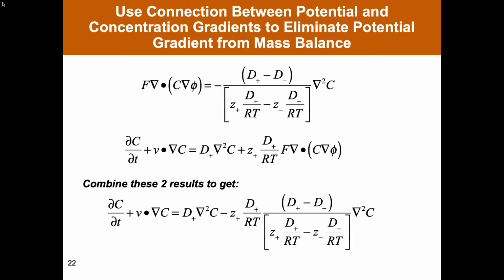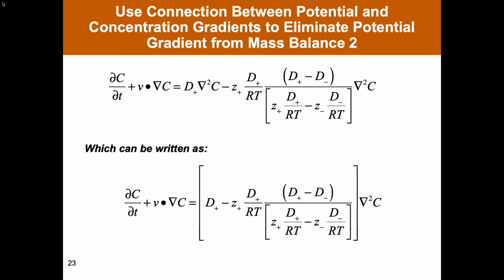And the result at the bottom of the page, for the cation mass balance, has the concentration of salt at every position where there is a derivative. And so now, even though there is an electric field in this system that keeps the ions together through electroneutrality, we can express the mass balance without actually explicitly calculating that electric field, because it's connected as shown here.